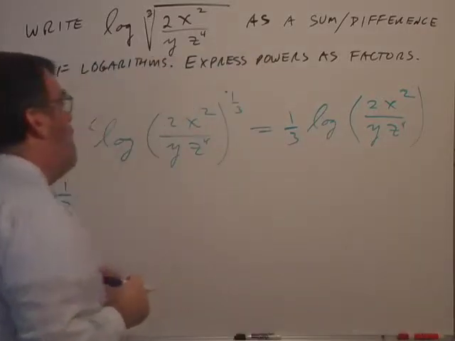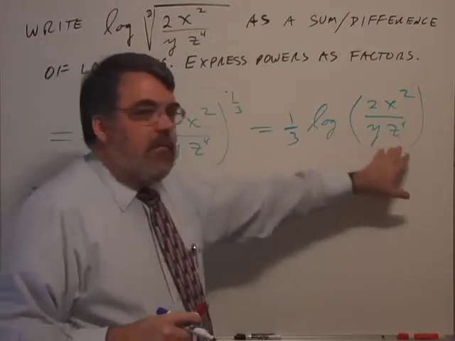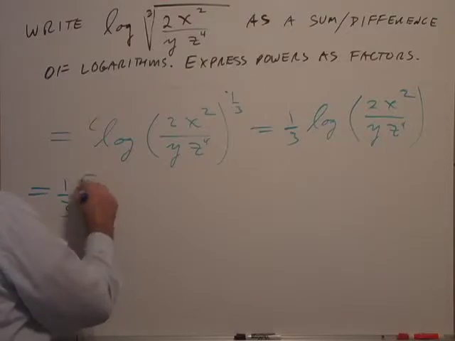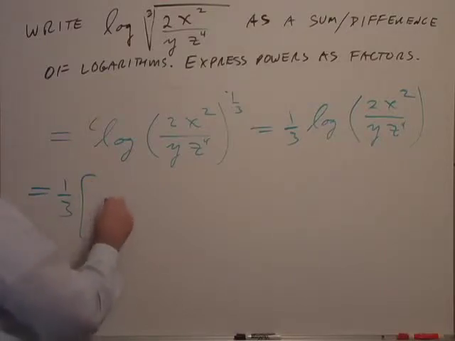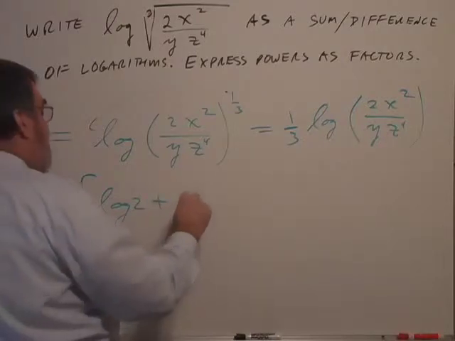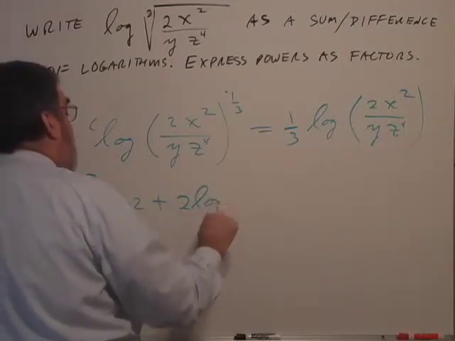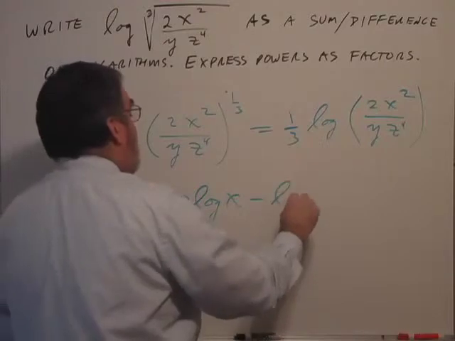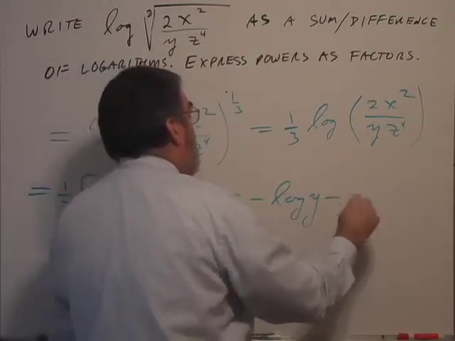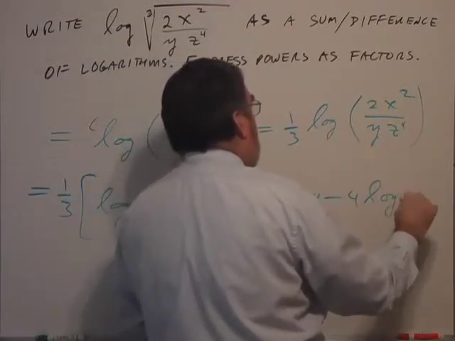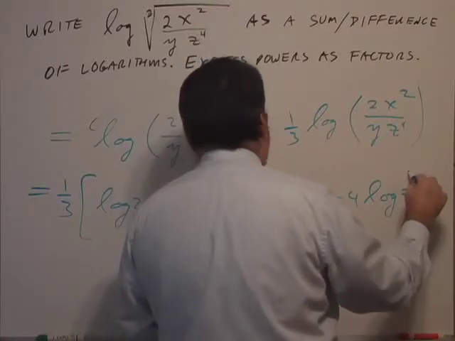Okay. And now I'm going to split up this logarithm. So it's 1/3 bracket log 2 plus 2 log x minus log y minus 4 log z.